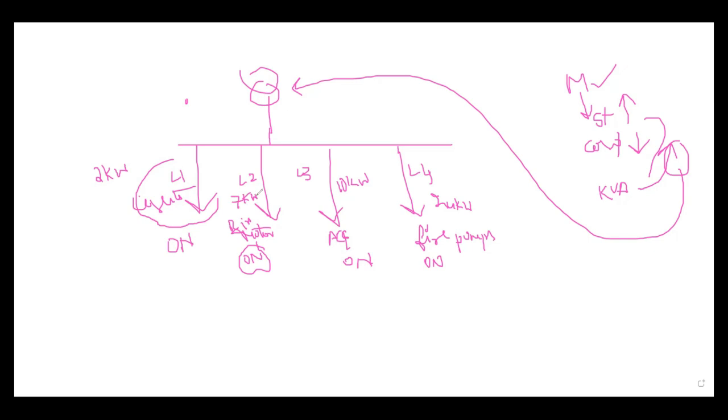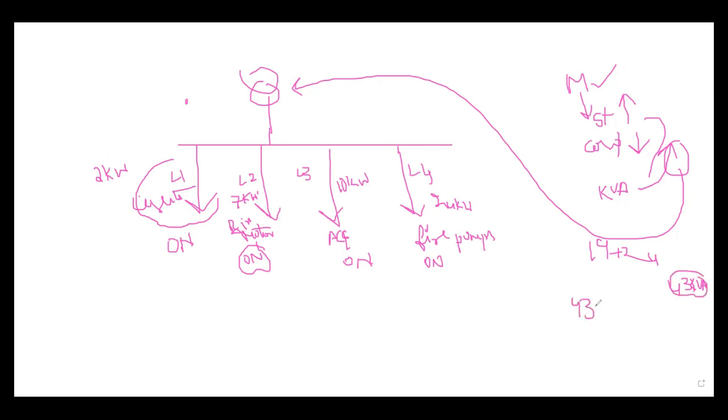So what is the connected total load? I'm talking about the demands, not total load, demands. 7, 8, 9, 19, 19 plus 24. Right? So it's nearly 43 kVA is the required capacity for your transformer.